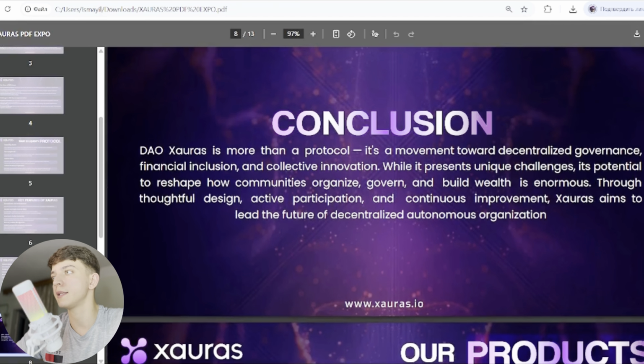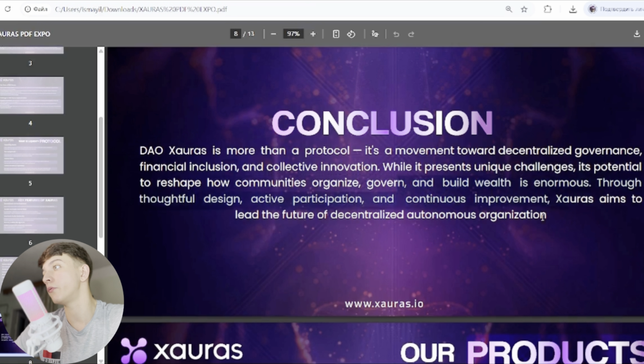So the conclusion: DAO Xauras is more than a protocol, it's a movement toward decentralized governance, financial inclusion, and collective innovation. While it presents unique challenges, its potential to reshape how communities organize, govern, and build wealth is enormous. Through thoughtful design, active participation, and continuous improvements, Xauras aims to lead the future of decentralized autonomous organizations.